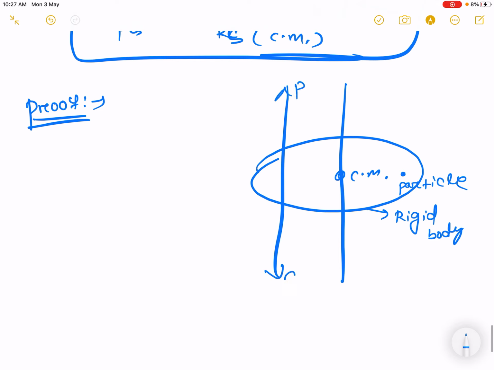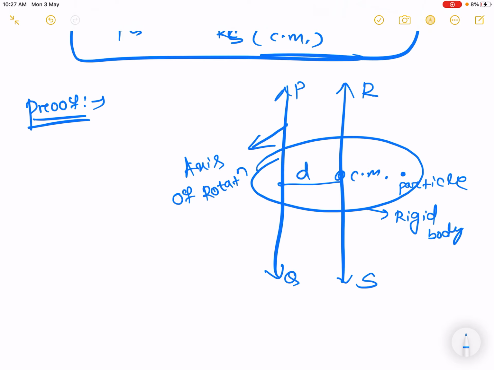This is PQ, your axis of rotation. Our aim is to calculate moment of inertia about PQ axis. So we draw another axis passing through its center of mass. The distance between two axes is d. This distance is x. So total distance is x plus d.